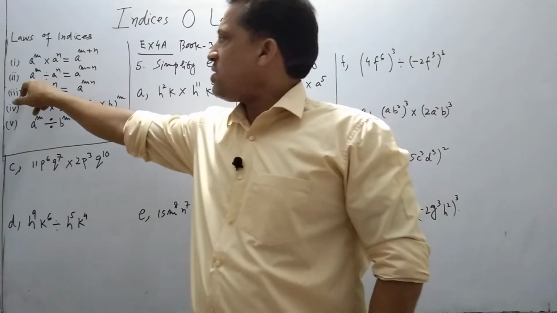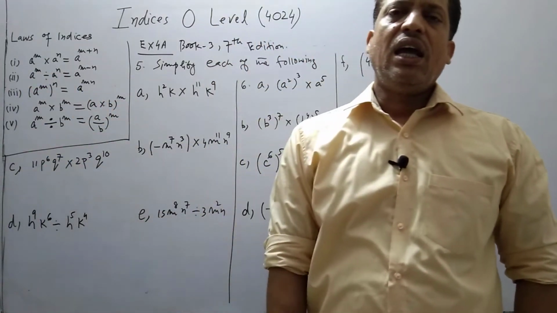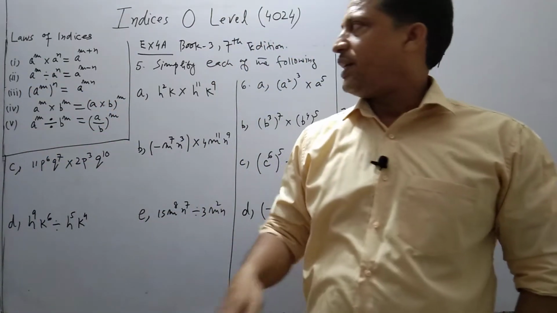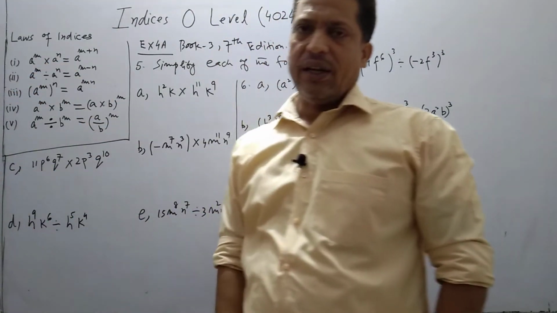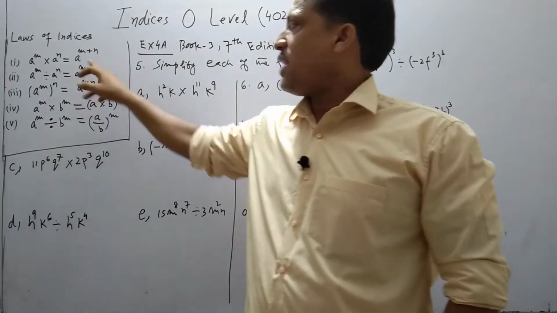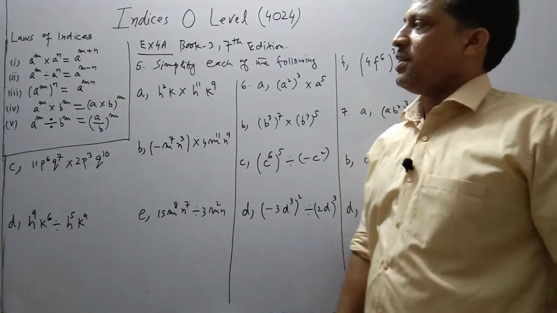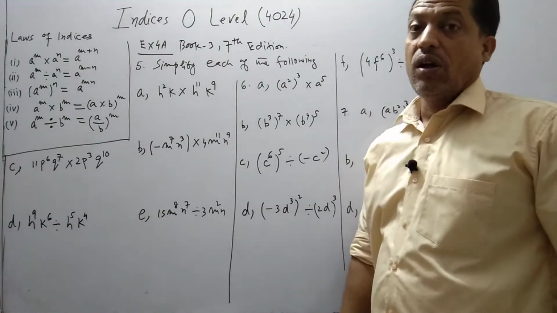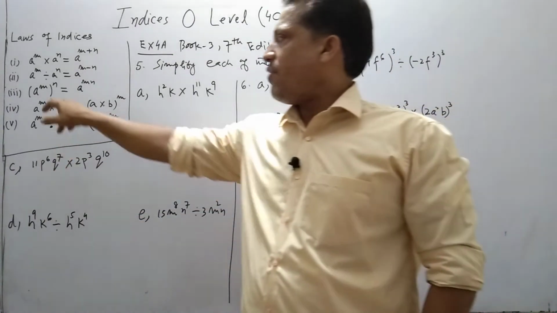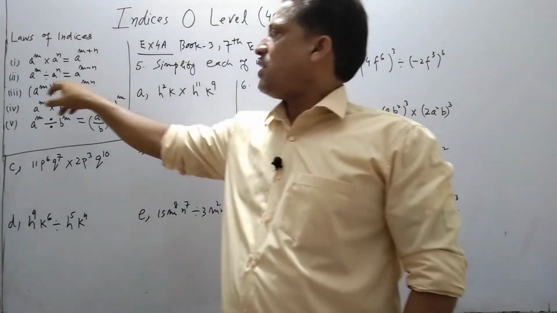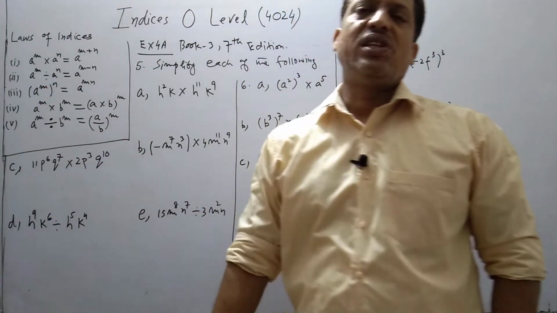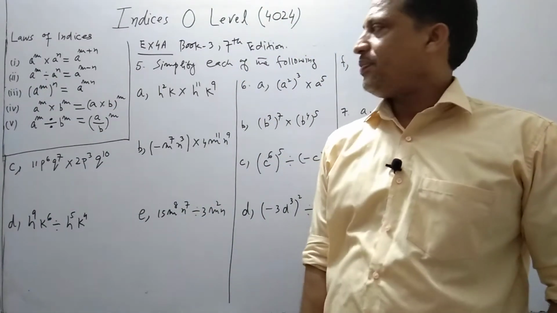If two same bases are divided, then their power should be subtracted. So a power m divided by a power n results in a power m minus n. Third law says power to the power is always multiplied. So if we have a to the power m and whole power n, the answer is m multiplied by n, which is mn.